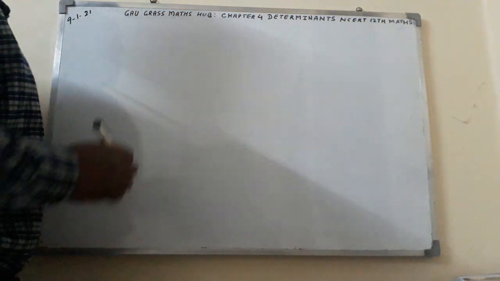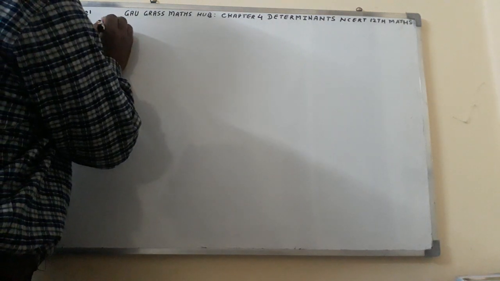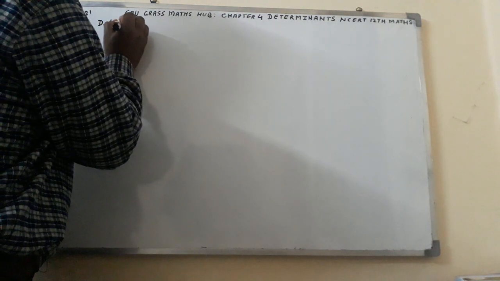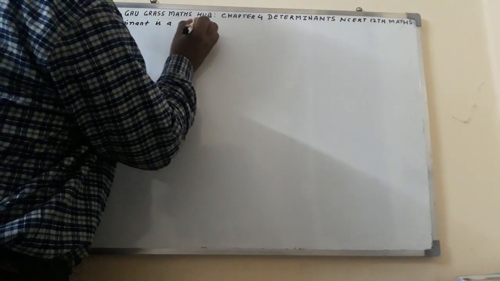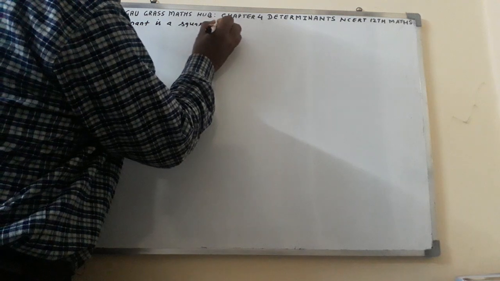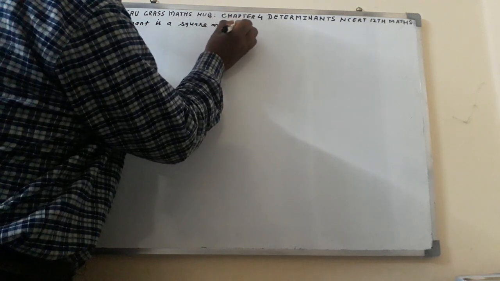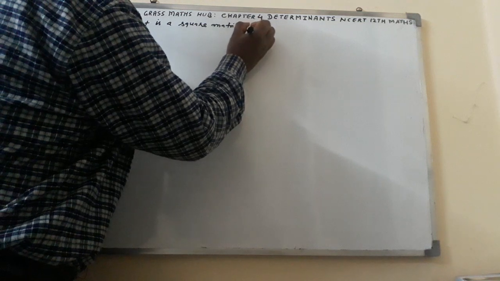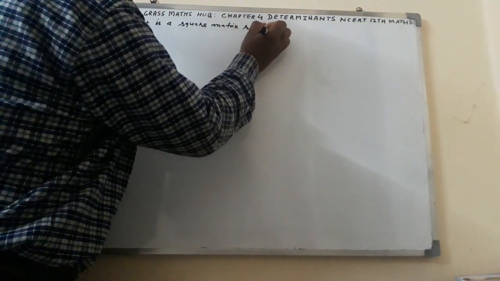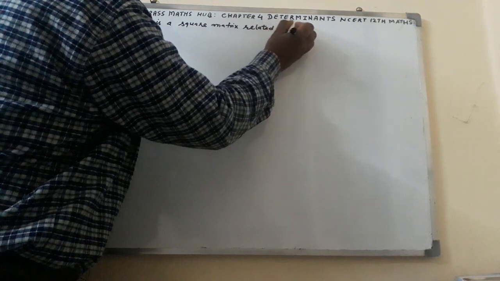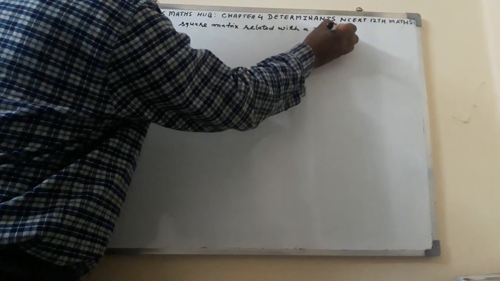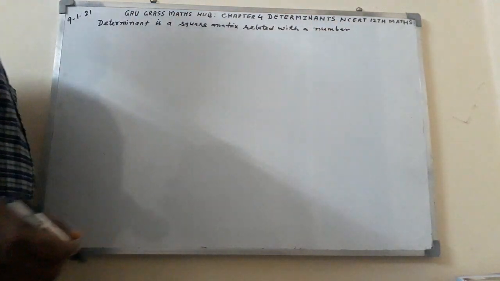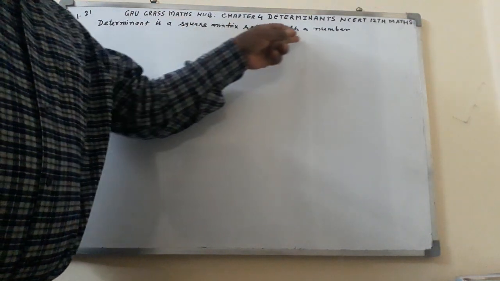The definition of determinant is: determinant is a square matrix related with a number.